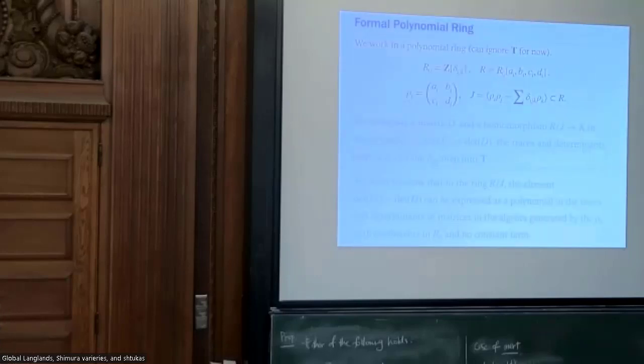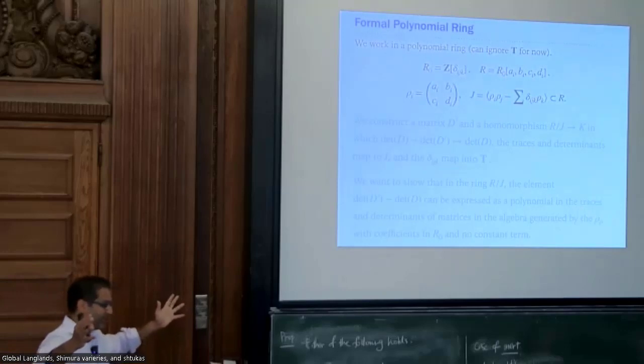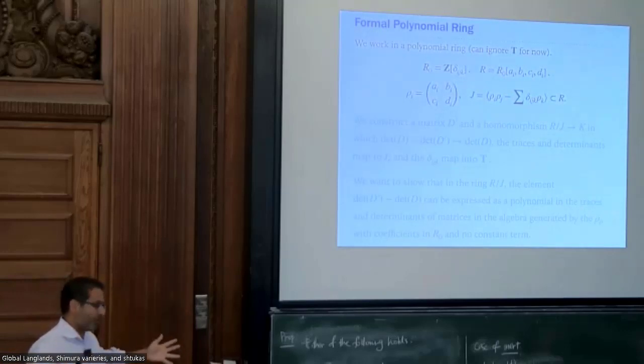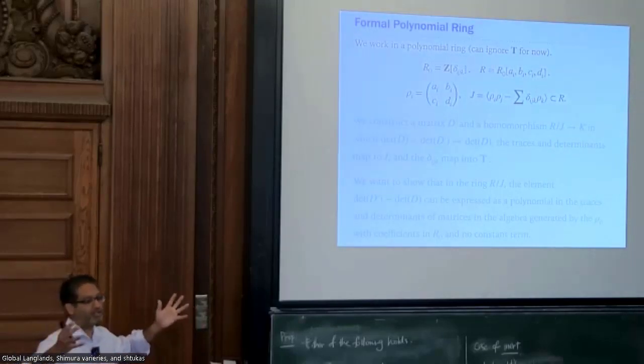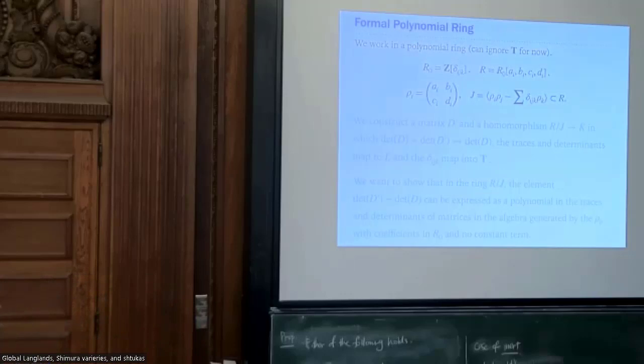Okay, so to prove this, we work in a polynomial ring. Because we want to show certain algebraic relations, basically we want to take this fitting ideal, this big R by R determinant, and we want to somehow show that it can be expressed in terms of traces and determinants of elements in delta 1.